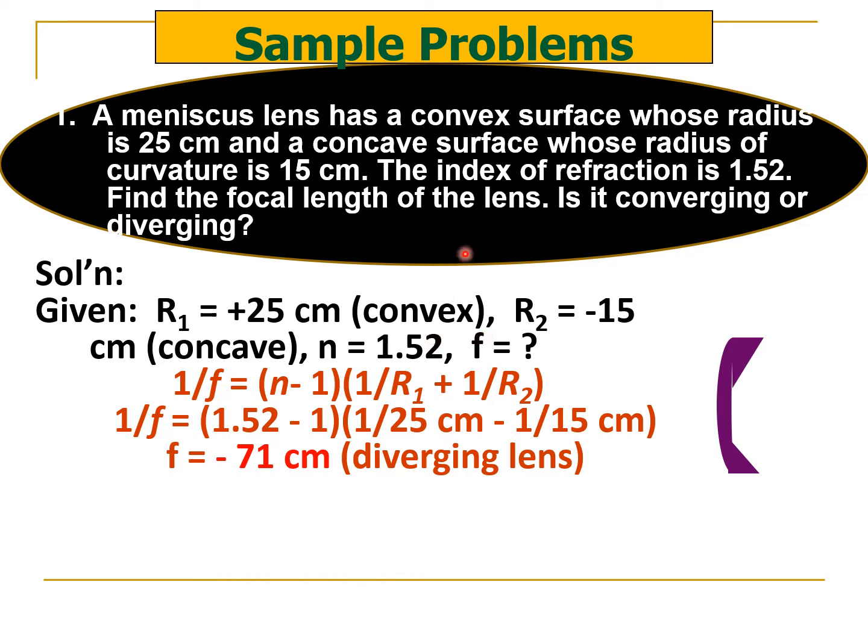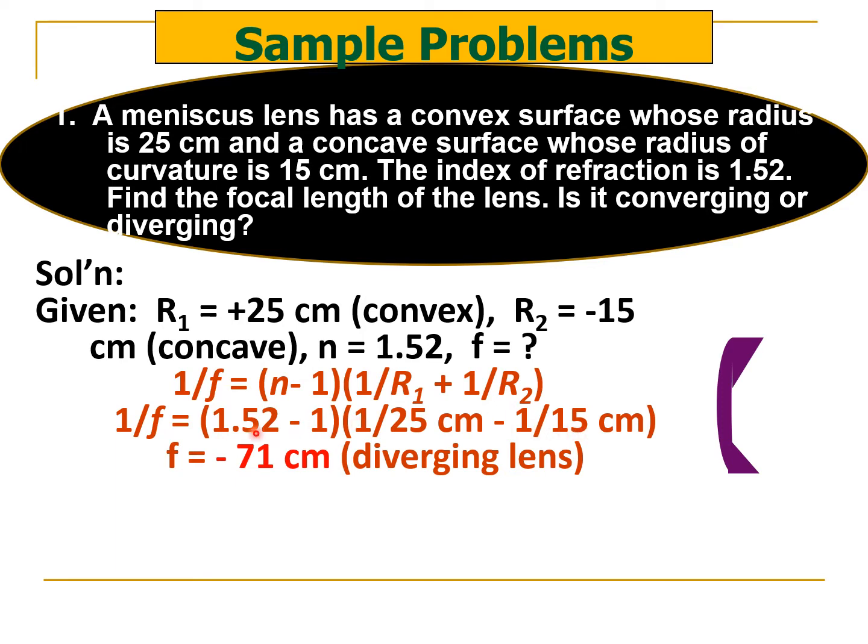The index of refraction, of course, is 1.52. We are asked to find the focal length for this meniscus lens, and the formula that we follow is that of the Lensmaker's equation. Substituting the given, 1 over f is equal to the quantity 1.52 minus 1, multiplied by the quantity 1 over 25 centimeters minus 1 over 15 centimeters.